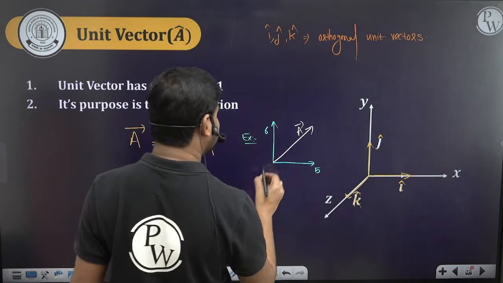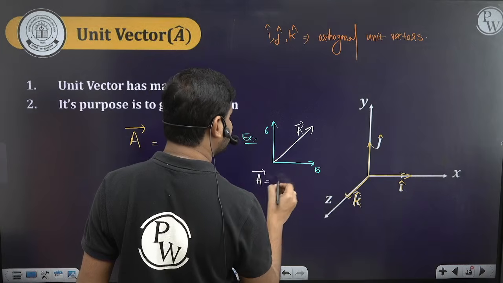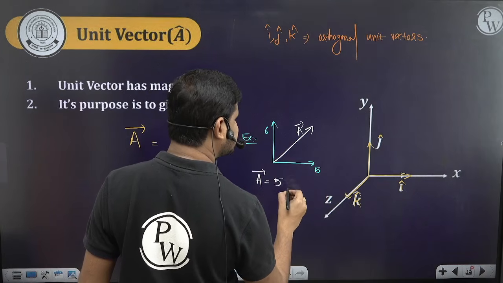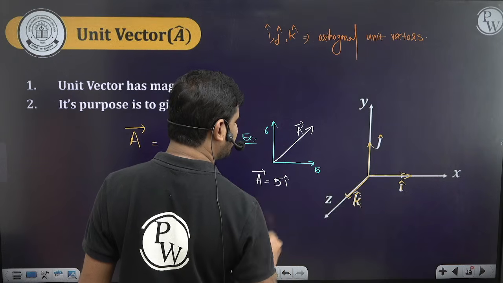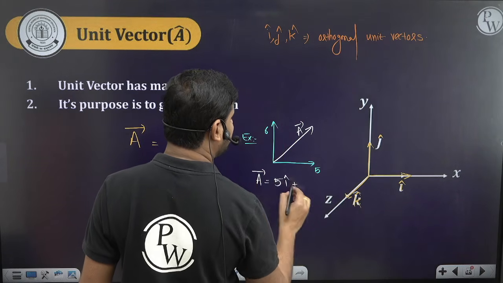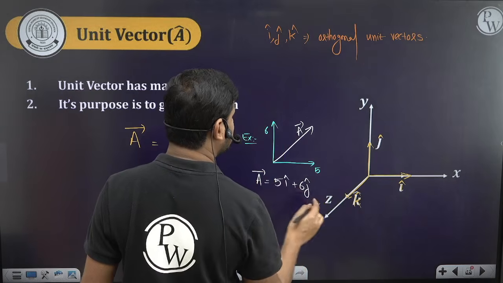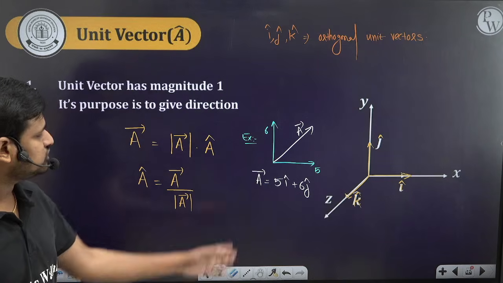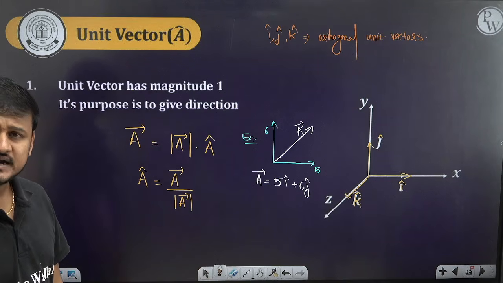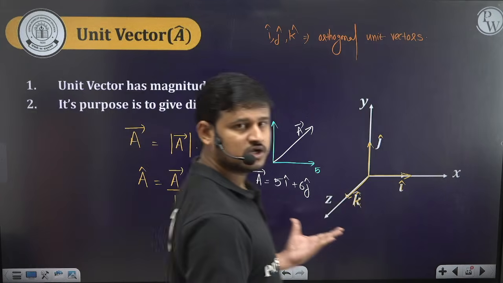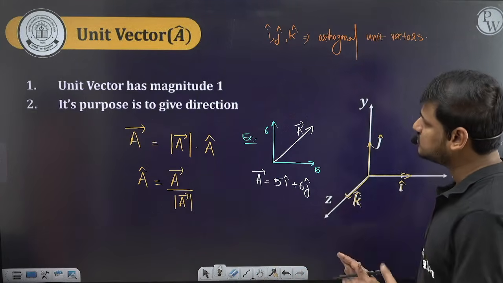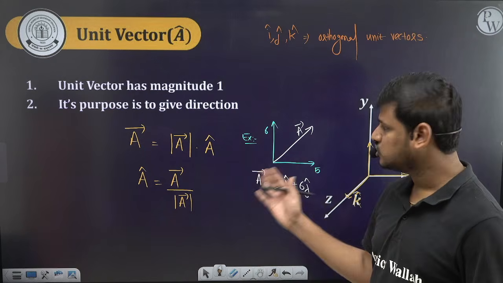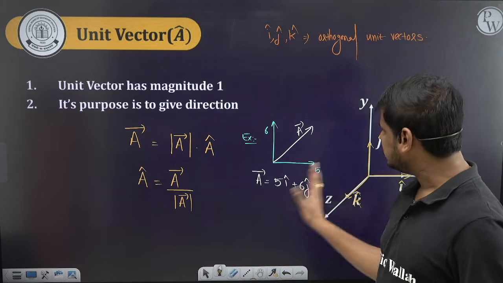So simply I can write vector A equals 5 along the x direction, unit vector i cap, and along the y direction, unit vector j cap. So this vector is 5 i cap plus 6 j cap. Like that we can write. Clear? Understood? Everyone? As the class progresses, you will understand more, because we are going to do the questions and all, so you'll understand even better.